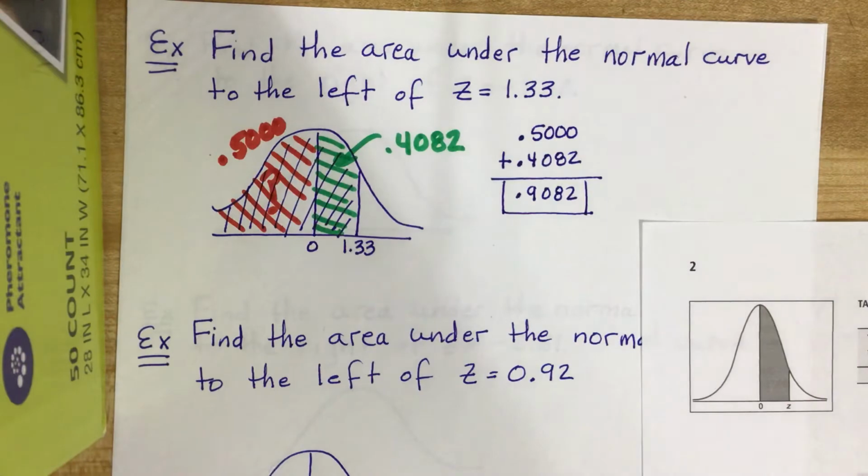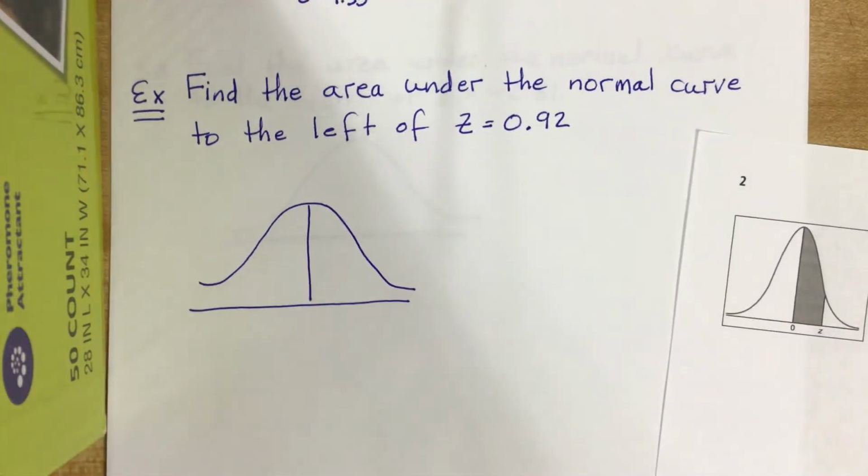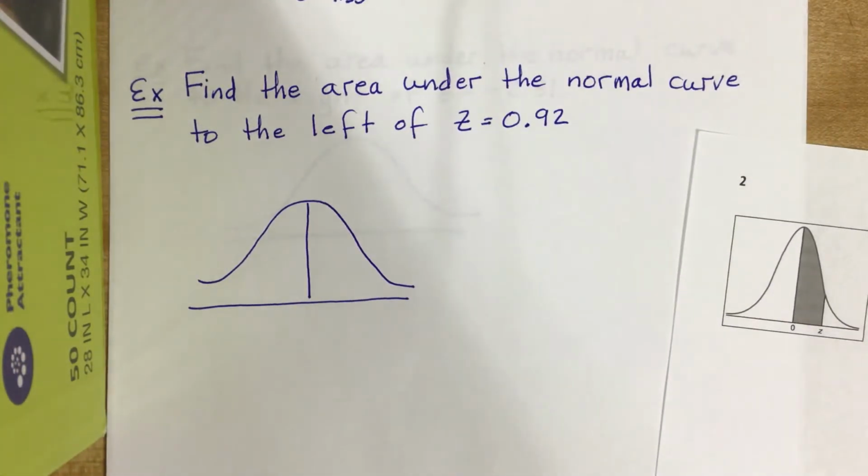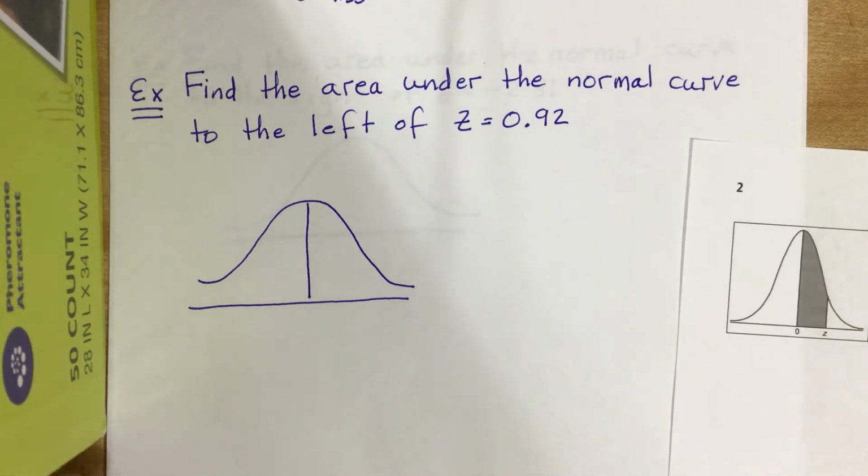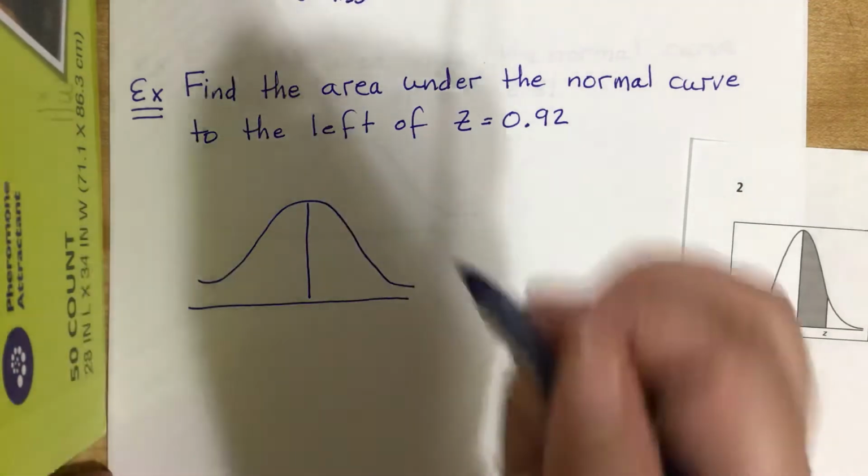Okay, so let's look at another one. We want to find the area to the left of z equals 0.92.